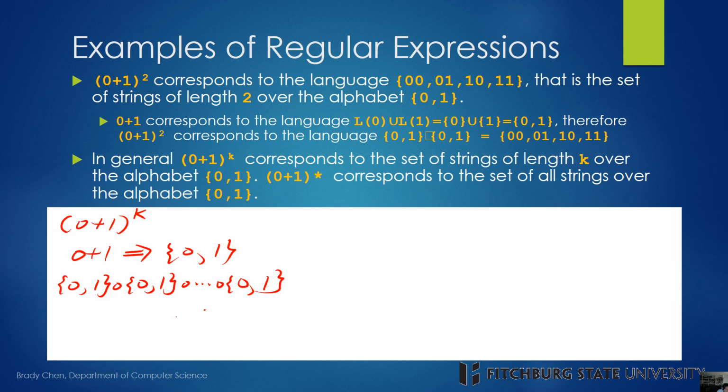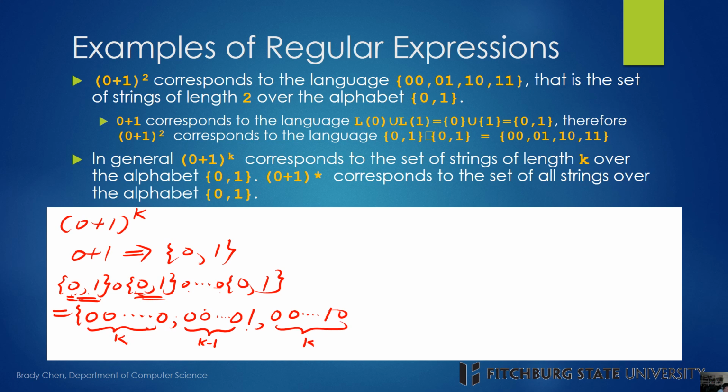So you create an element by picking one from the first language, one from the second, and one from the third, up to the k-th. So (0 plus 1) to the k corresponds to the set of strings of length k over the alphabet 0 and 1.